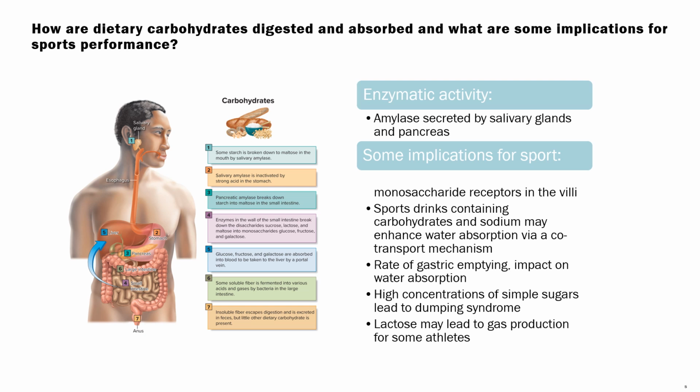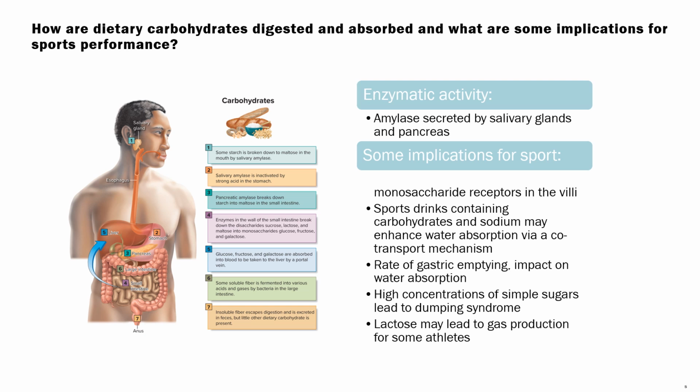Sports drinks formulated with specific ratios of glucose and fructose can utilize different transporters in the villi, potentially increasing carbohydrate absorption rates during exercise. And for enhanced water absorption, including sodium in sports drinks can enhance water absorption via co-transport mechanisms in the intestines, aiding in hydration during prolonged exercise.